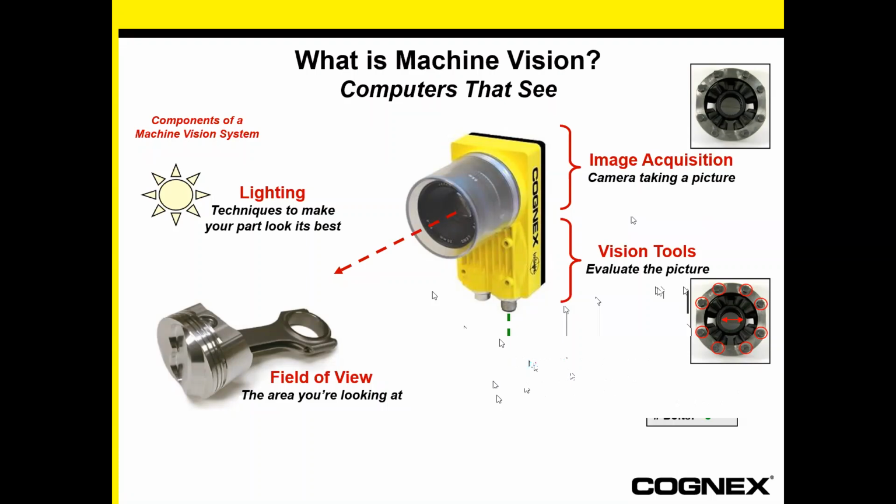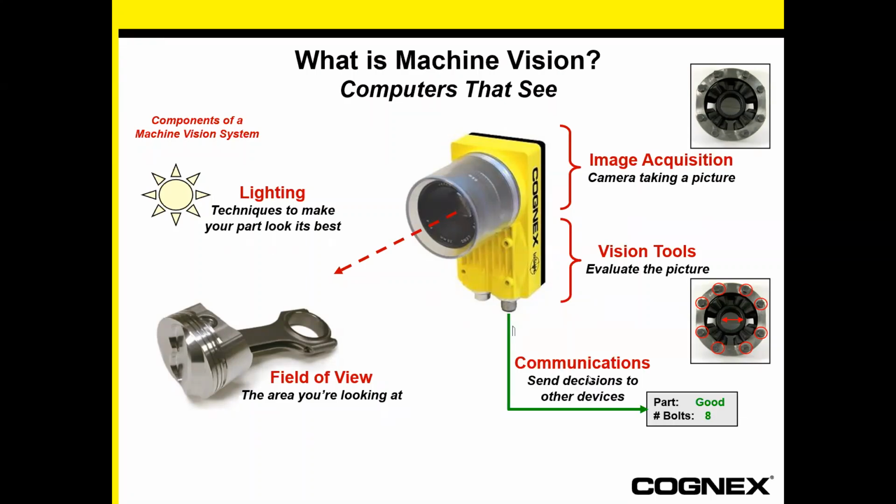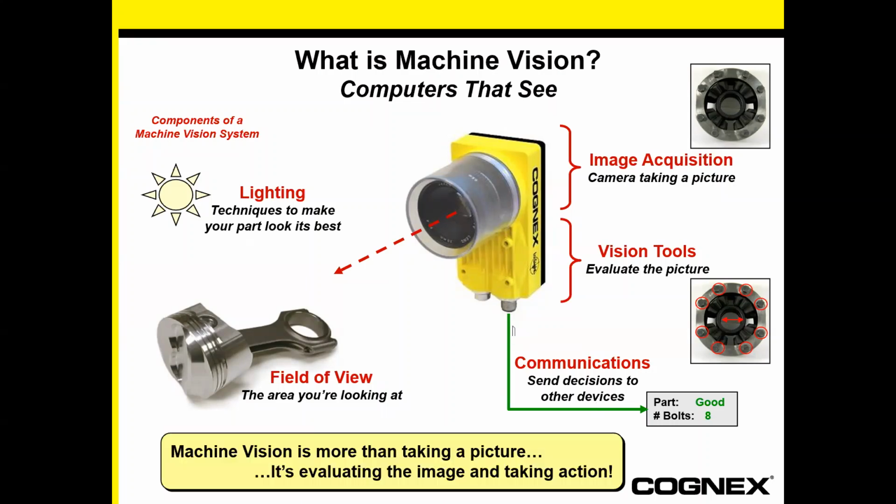Last but not least, part of the vision system is the communication, sending decisions to other devices: pass, fail, good, bad, checking the number of products, whatever it is. Machine vision is more than taking a picture, it's evaluating the image and taking action. So we evaluate the picture and make a decision.